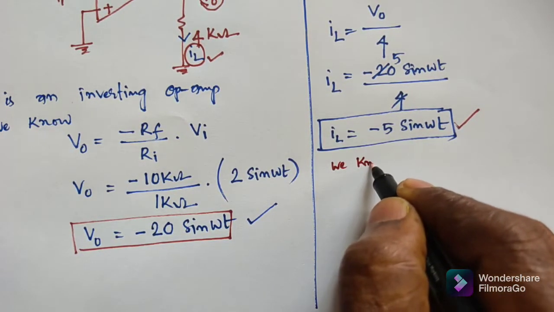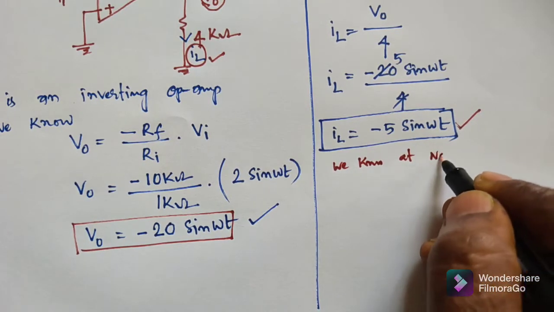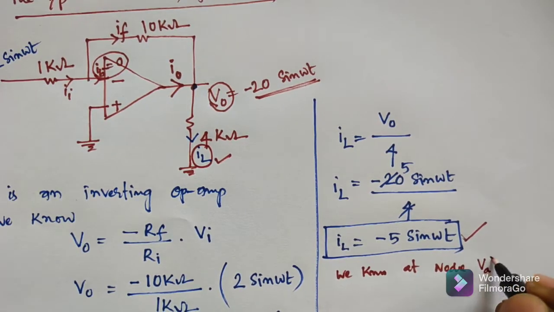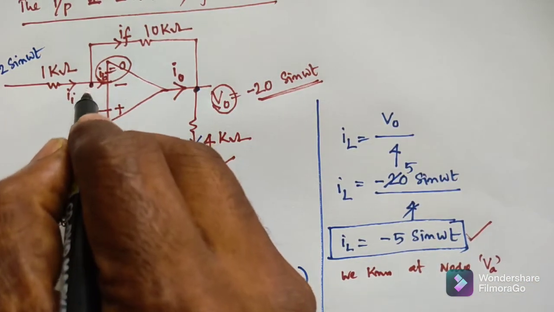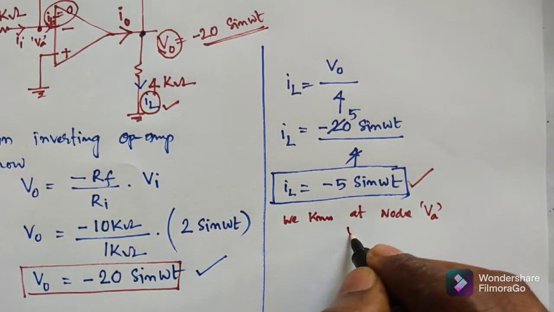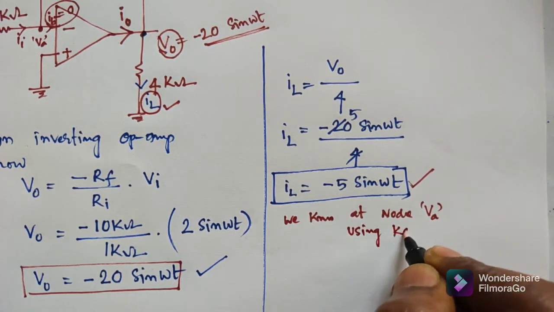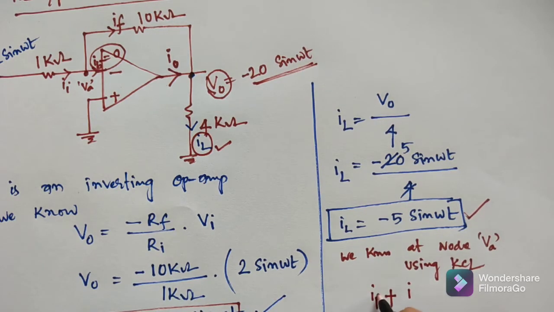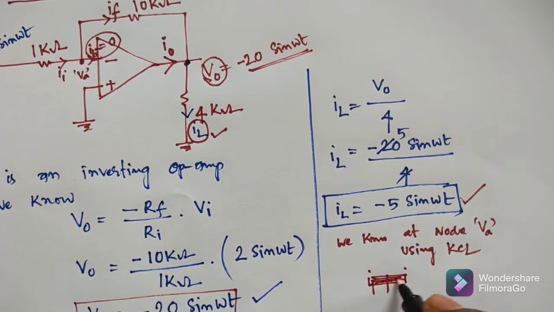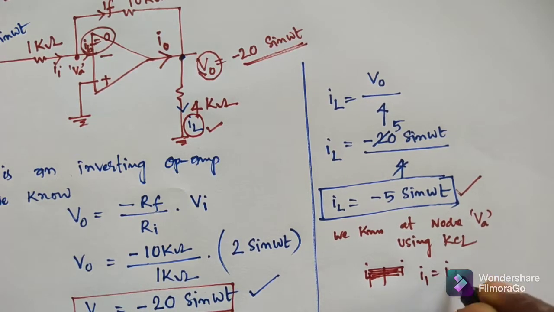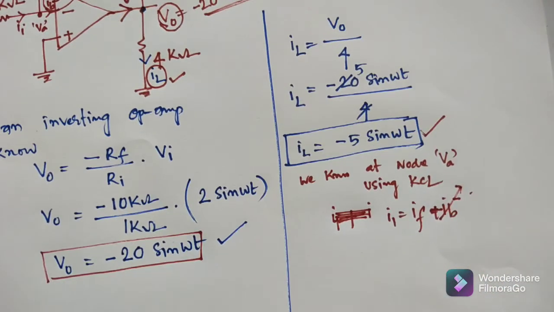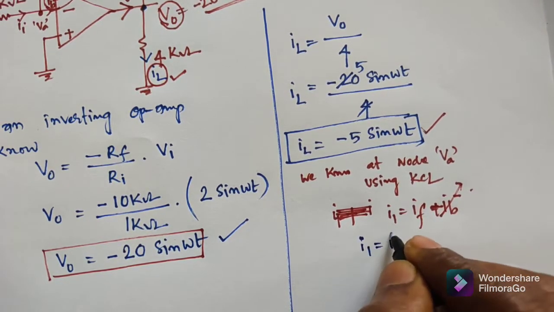At node VA, using KCL, the incoming current I1 is equal to IF plus IB, where IB is 0. Finally, I1 is equal to IF.